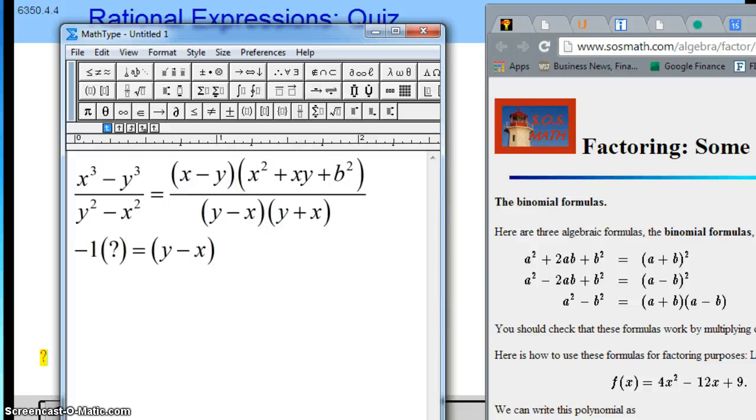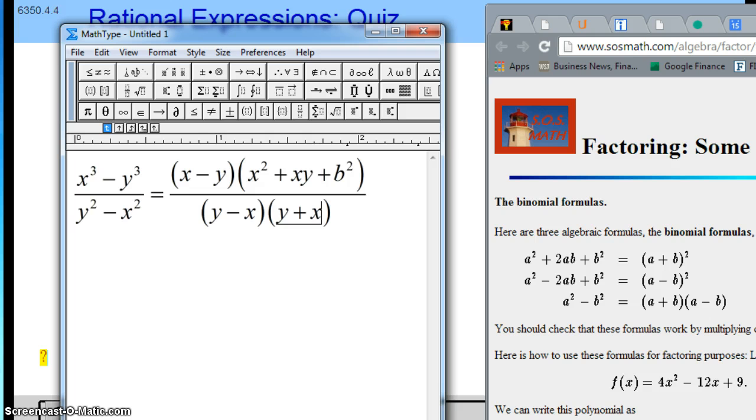I'm giving you a hint here: x minus y. Look at this, x minus y times a -1. Go ahead and distribute the -1, and you'll get negative x plus y, which is exactly what this is. This is positive y minus x. So negative x plus y is the same thing as y minus x. We just factored out the negative 1. That's completely fine to do.